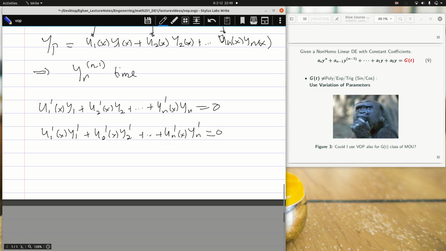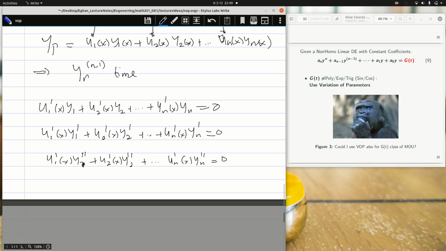If I want the third derivative, it becomes y1 double prime, through to the last term, equal to 0. This is how the pattern will be.